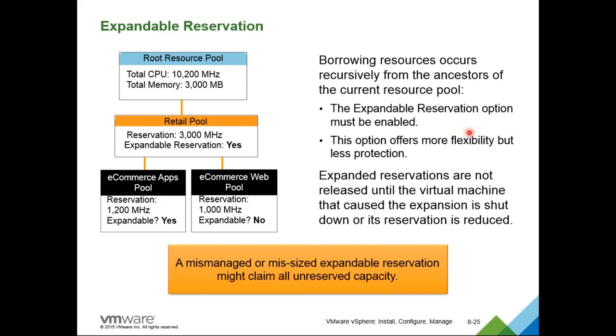Okay, so in this slide we have a root resource pool and a retail resource pool and two e-commerce pools. One is e-commerce apps and the other is the web pool. Overall, we are able to see the root resource pool, child resource pools and sibling resource pools.